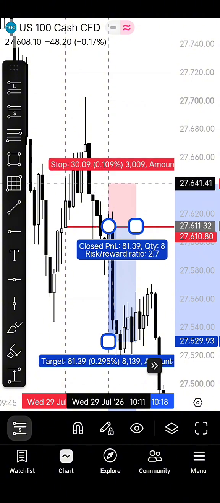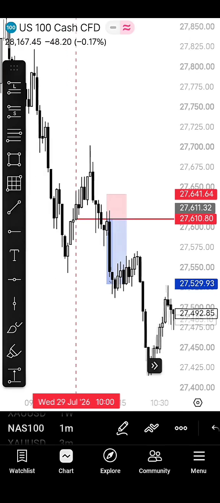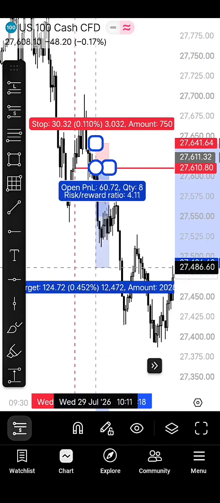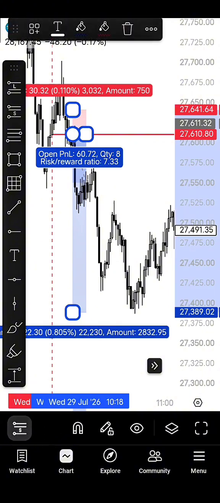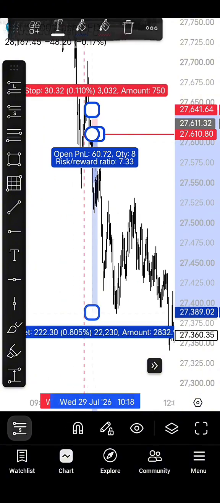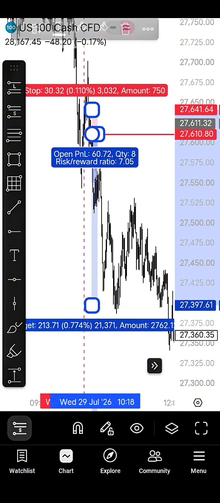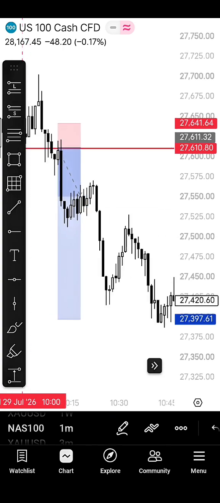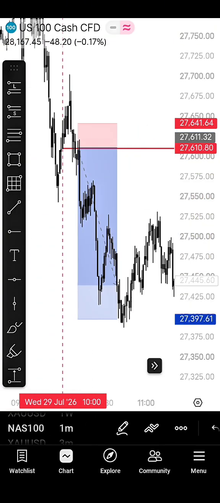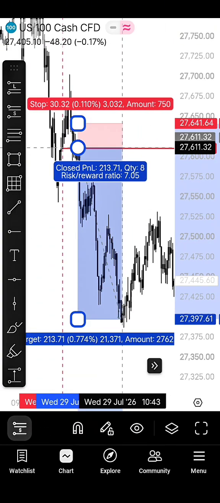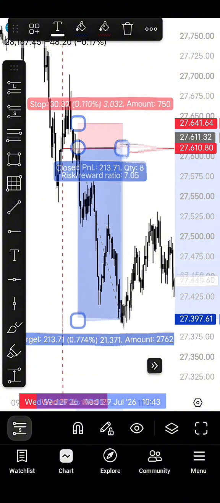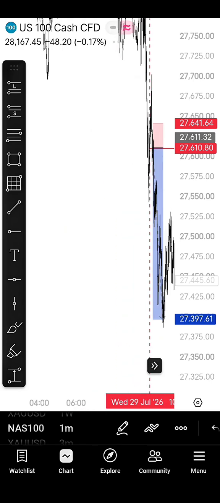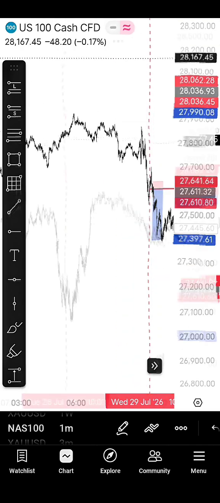If you give a 30 point stop loss, it's nice. Target 127 or 125. If you target 127, you achieve the 127. And now you are stopped out on 2 days, minus 2R, and on Wednesday you have made 7R. So now you are 5R up on the week.